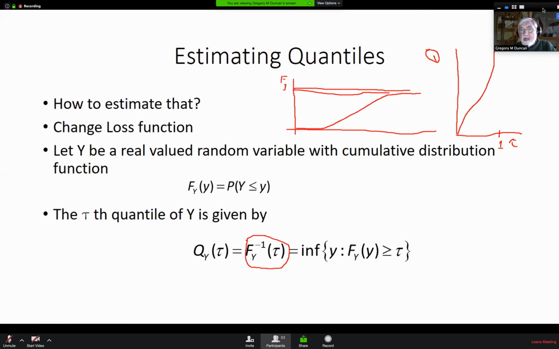And Q is F flipped on its side. So I just take this and make the horizontal axis the vertical axis, and the vertical axis the horizontal, and vice versa. So it's just an inverse.